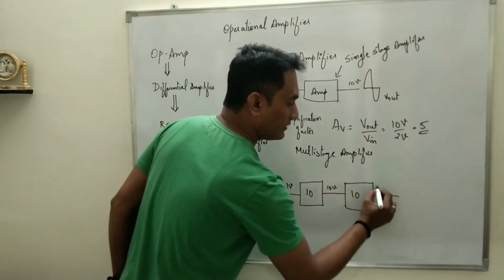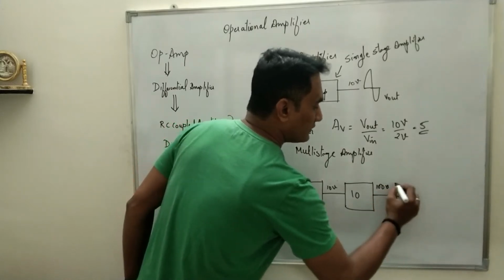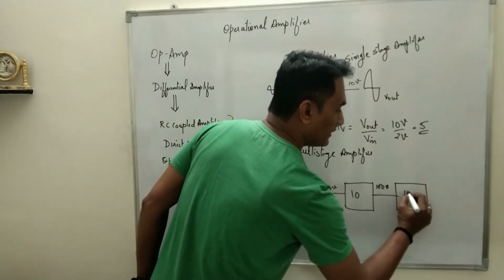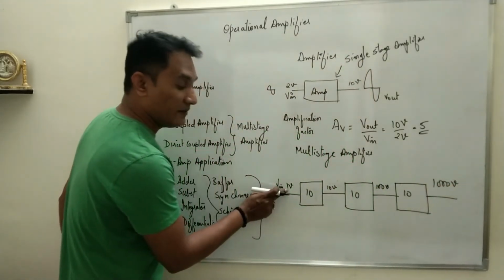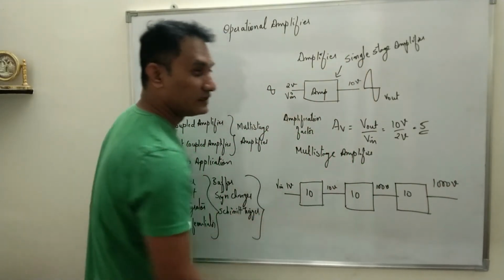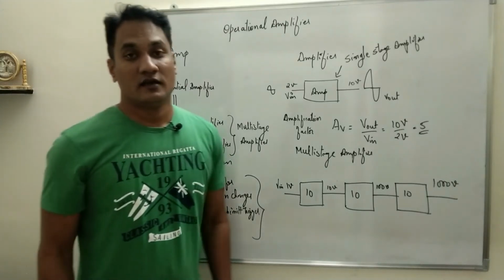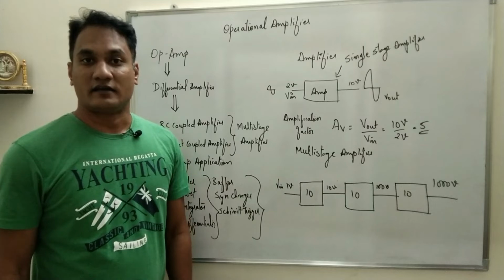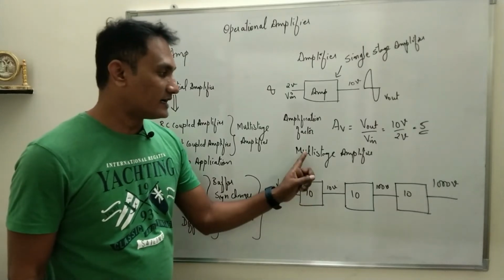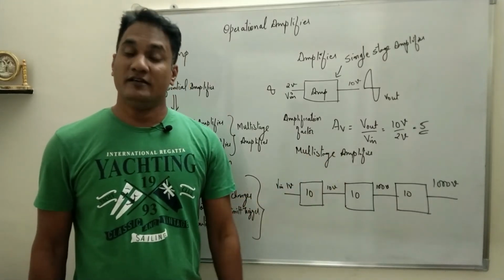Here 10 multiplied by 10, I will get 100 volts. If I add one more such circuit, what I'm going to get is 1000 volts for the same input voltage, and I haven't increased the gain factor. Of course I have increased the stages, but I haven't increased the gain factor. So this is what is called as multi-stage amplifier.